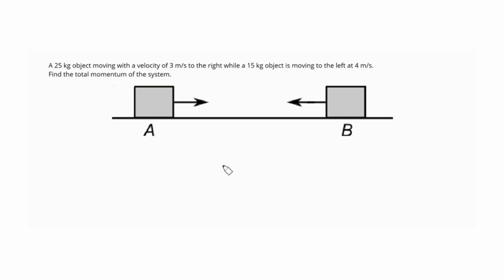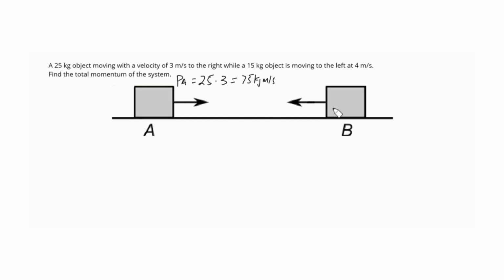Next we look at a similar system, but here now B is coming in the opposite direction. So if I had to write the momentum of A, PA would be 25 times 3, or 75 kg m/s.